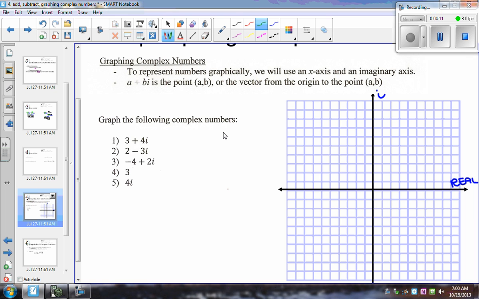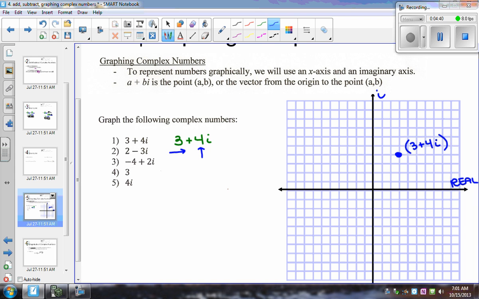For example, the complex number 3 plus 4i that we see in the first example means we're going to go right 3 units on the real axis and up 4 units on the imaginary axis. So we then create the point, or the coordinate, 3 plus 4i. Again, in real and imaginary space.